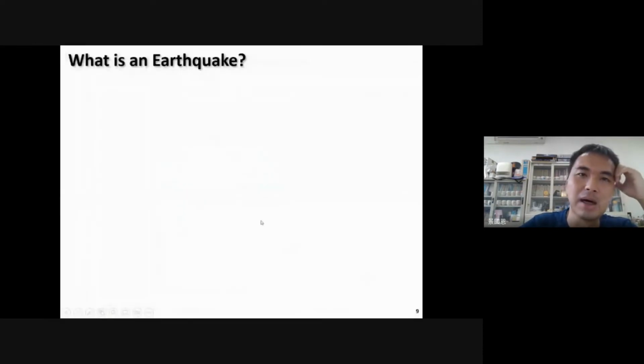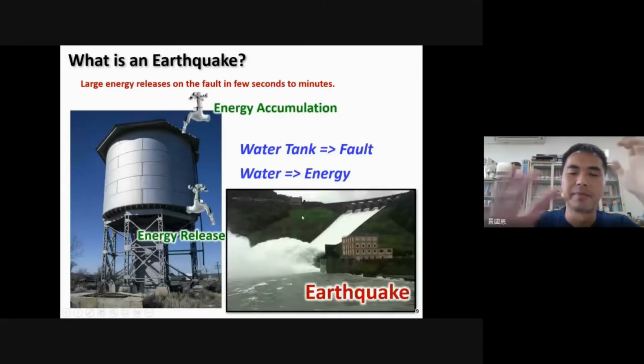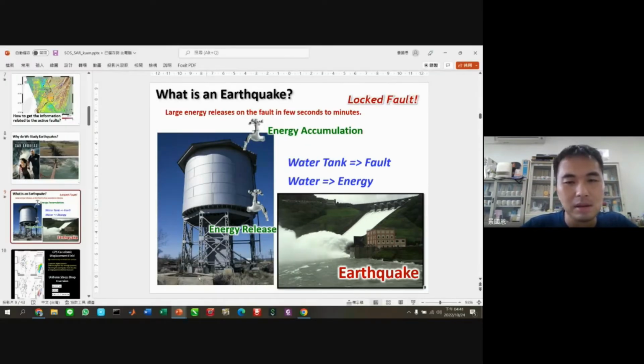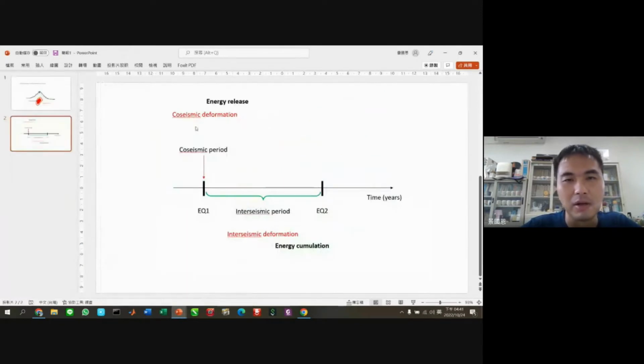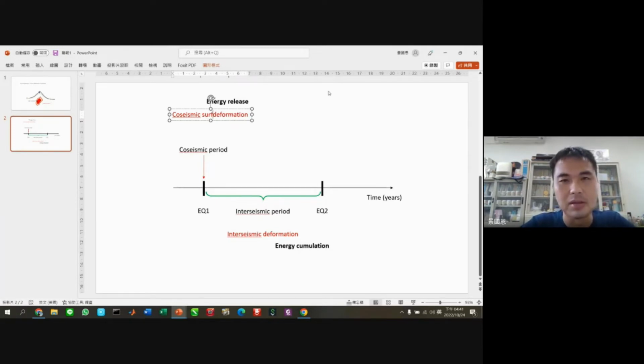Okay, so this is the general study related to the earthquake. Just like what you know, when we talk about the co-seismic, this is the surface deformation or crustal deformation.